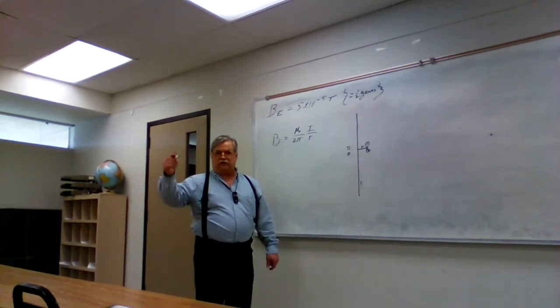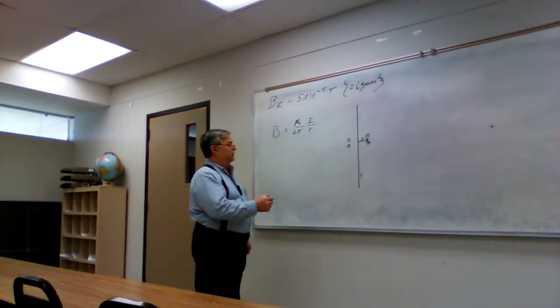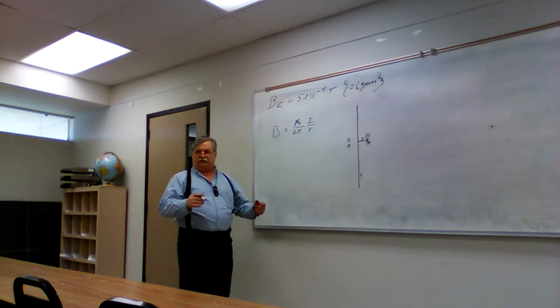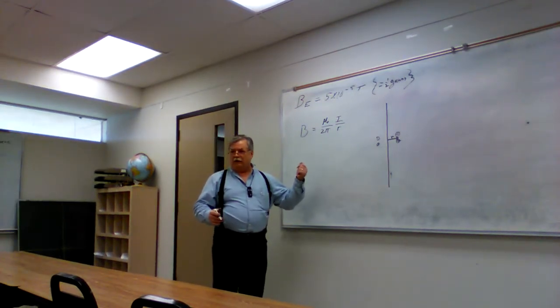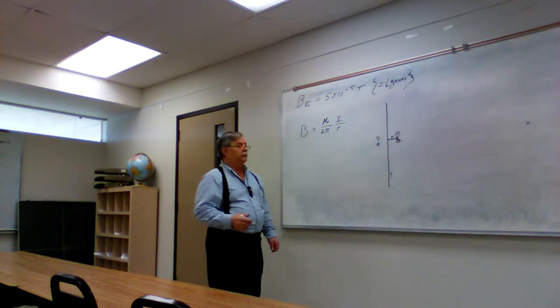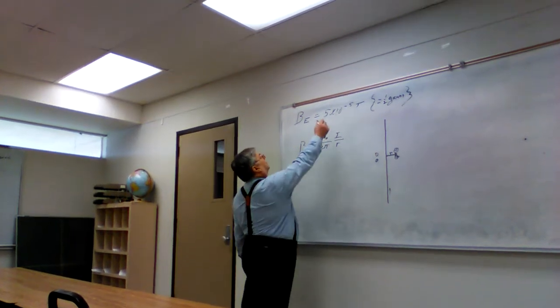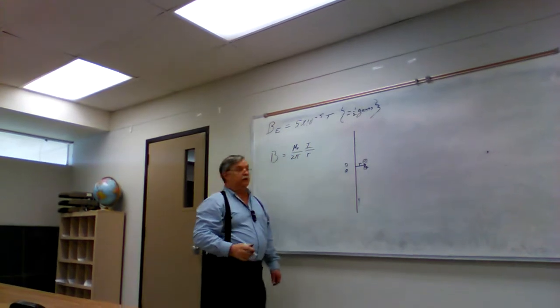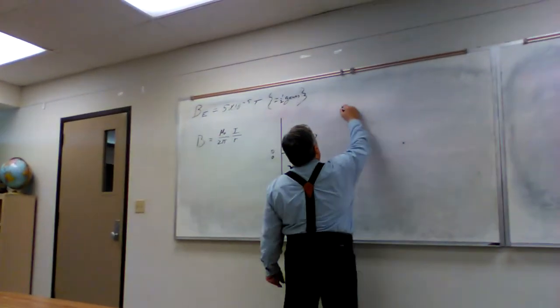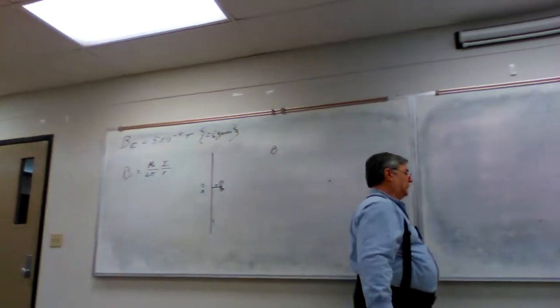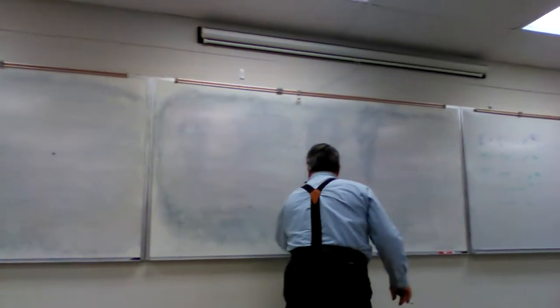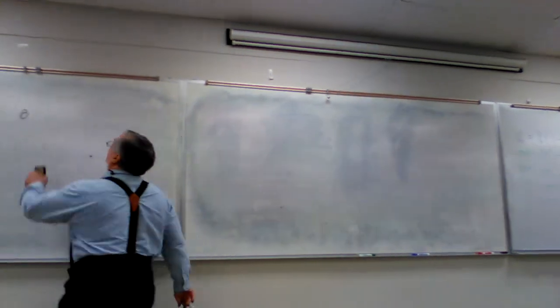Now, in this case, the problem is saying if you have to restrict the magnetic field that wire is allowed to produce to no more than the magnetic field of the Earth, what you're saying is what current will produce that magnetic field.